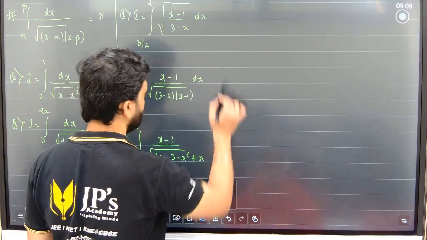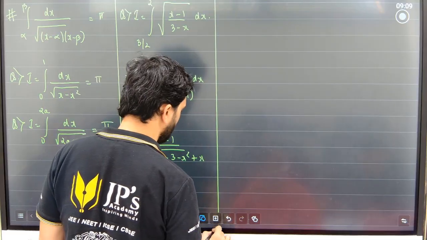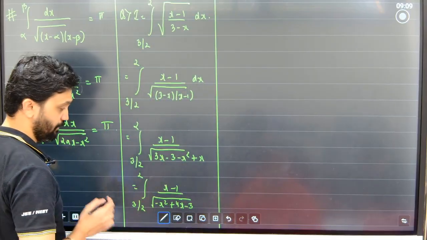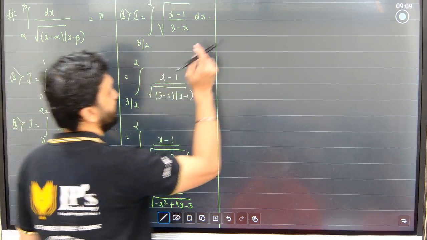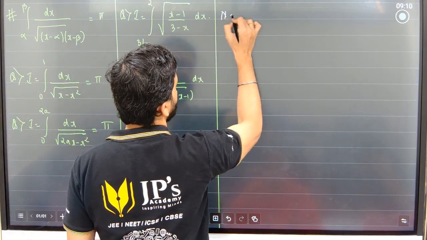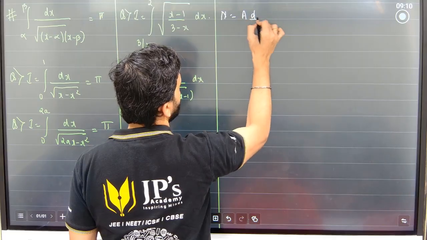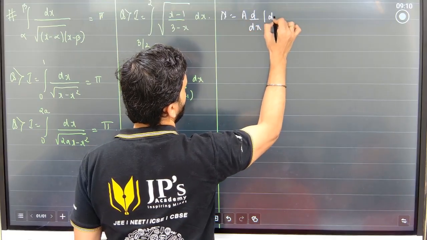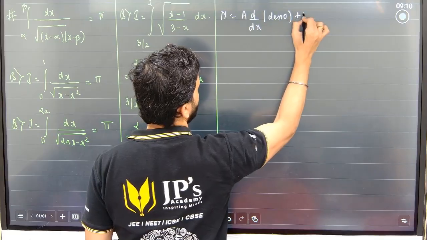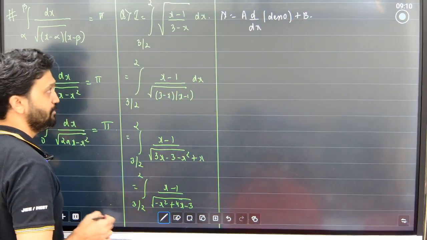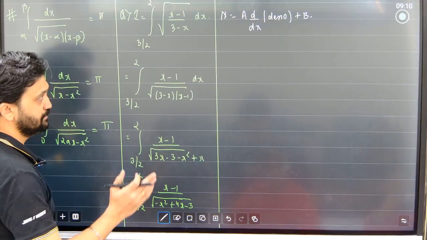And if you remember, this is linear upon root quadratic, which I have to solve by numerator is equal to a into derivative of denominator plus b. In derivative of denominator, it will get separated.